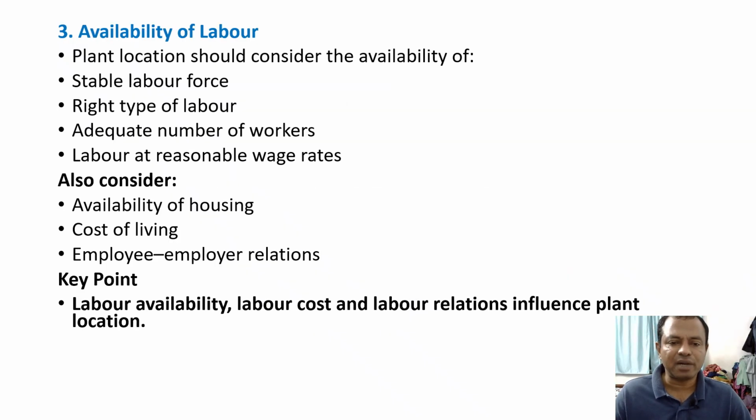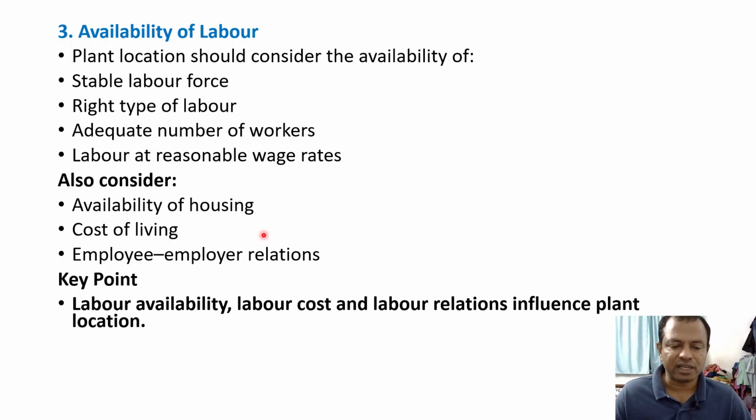Then availability of labor, that means availability of expert workers, skilled workers or unskilled workers. Plant location should consider the availability of a stable labor force, the right type of labor, an adequate number of workers, and labor at reasonable wage rates.